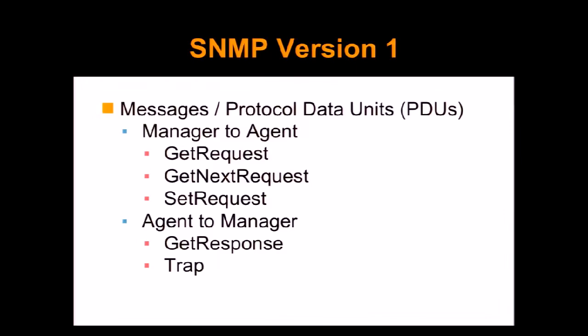In response to those three messages, an agent will send a get response message. This carries back the value of one or more variables to the manager. And then there's a trap, which is for event notification. This is outside of a request. If an agent needs to notify the manager of something that's happened on that network element, it'll send a trap message back.